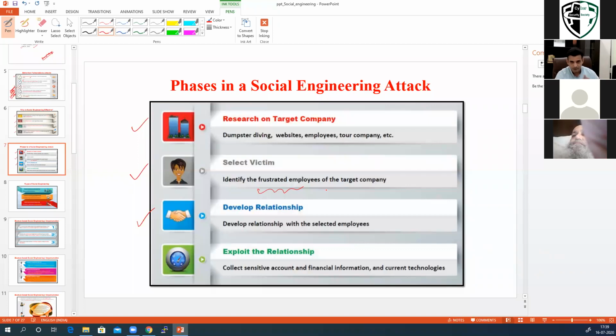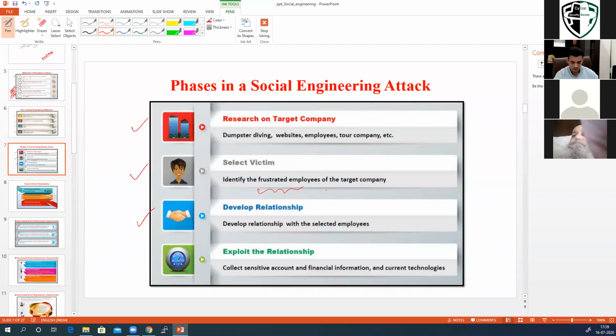The attacker will try to develop a strong relation. Maybe in the starting they will send some mails, exchange some messages, and reveal some information about themselves, but it can be fake. As things progress, they will develop a good relationship in which that frustrated employee, the selected victim, will trust the attacker and give his or her information to that attacker. So this kind of stage can happen.